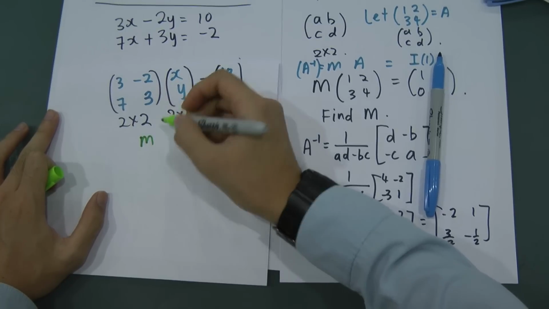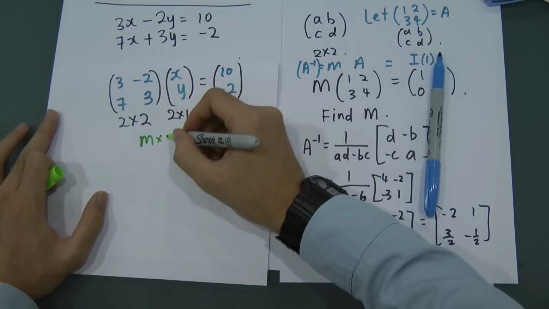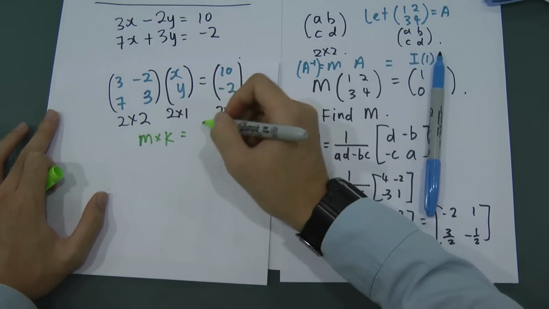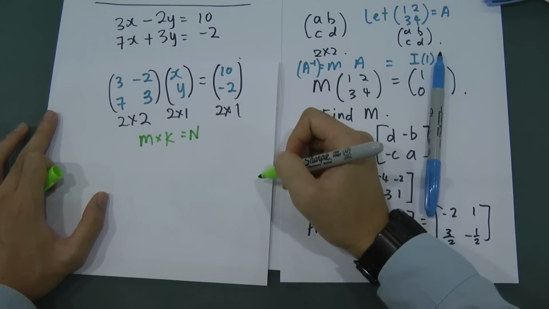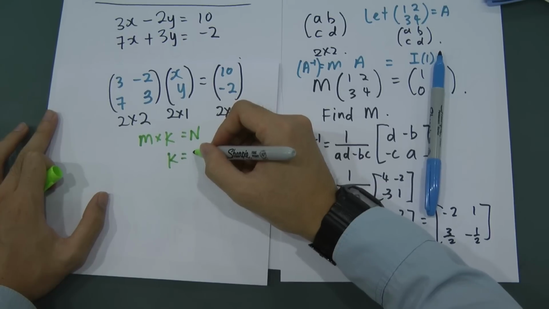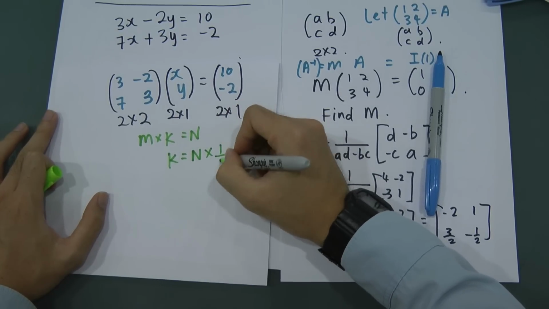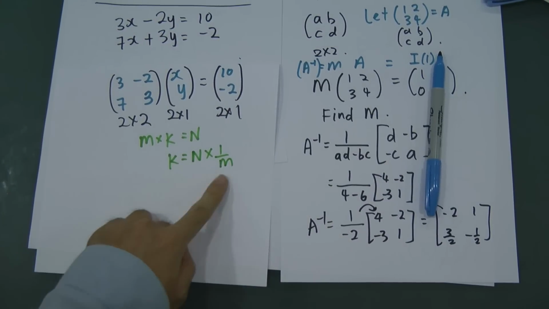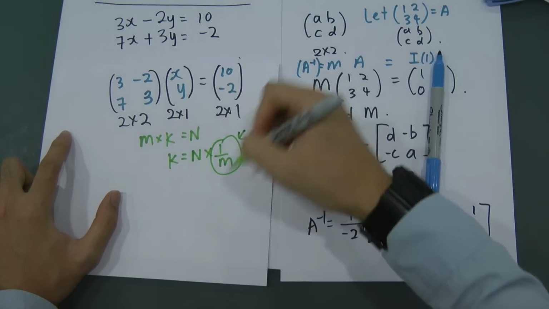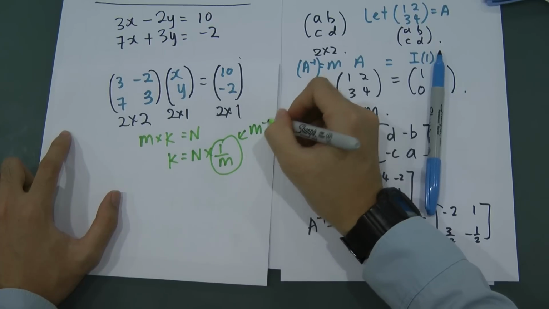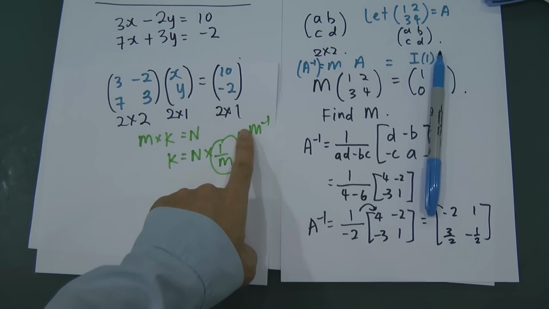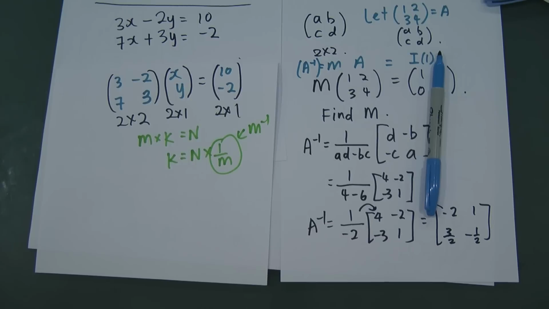If m multiplied by k equals anything, I call this n. If I want to find k, I will get n multiplied by 1 over m, correct or not? Because m moves to the other side and becomes 1 over m. In the matrix chapter we call it m inverse. So m moving to this side will straight away become m inverse. I hope you can understand.